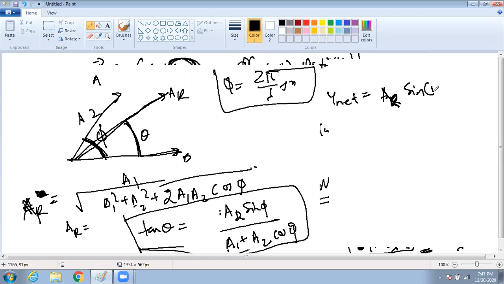So y net is AR sine of omega t plus kx1 plus theta. Okay? Understood? Clear?